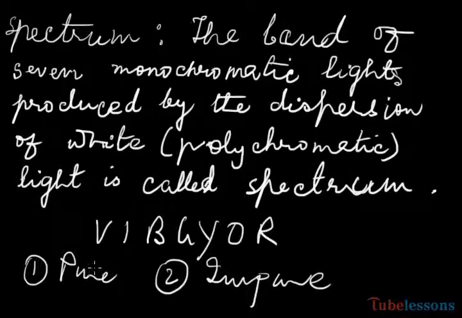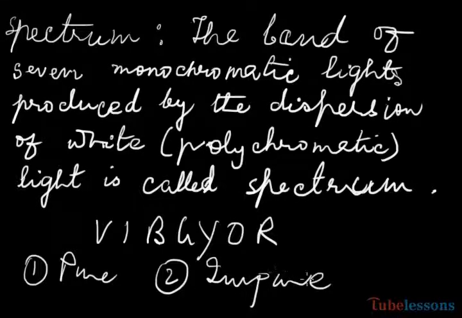So keep in your mind 3 words: separately, distinctly, and in their own position according to refrangibility. But in impure spectrum, the 7 monochromatic lights are not arranged distinctly, separately, according to the refrangibility in their own position. This is impure spectrum. Normally we cannot get a pure spectrum.